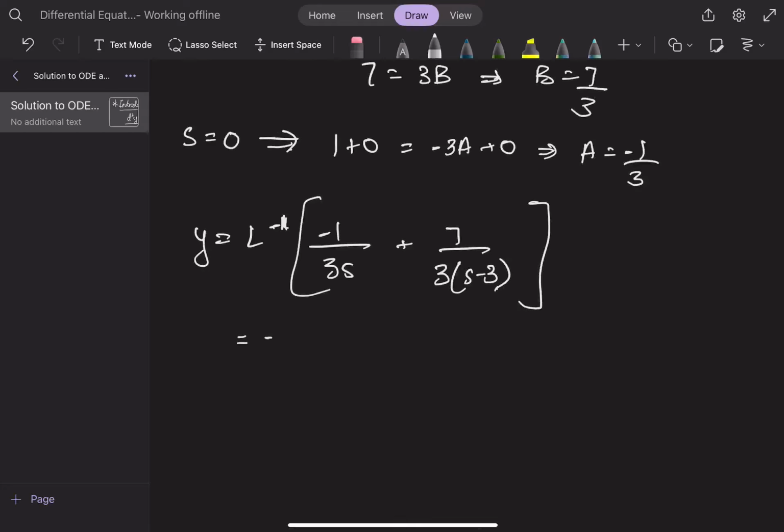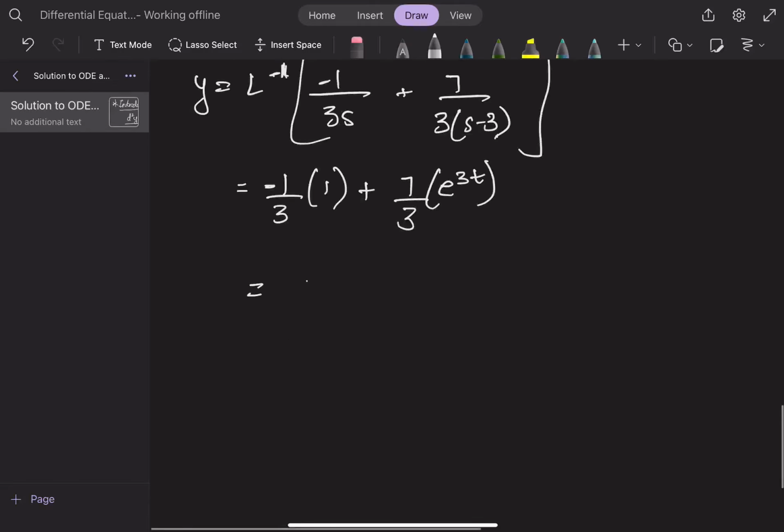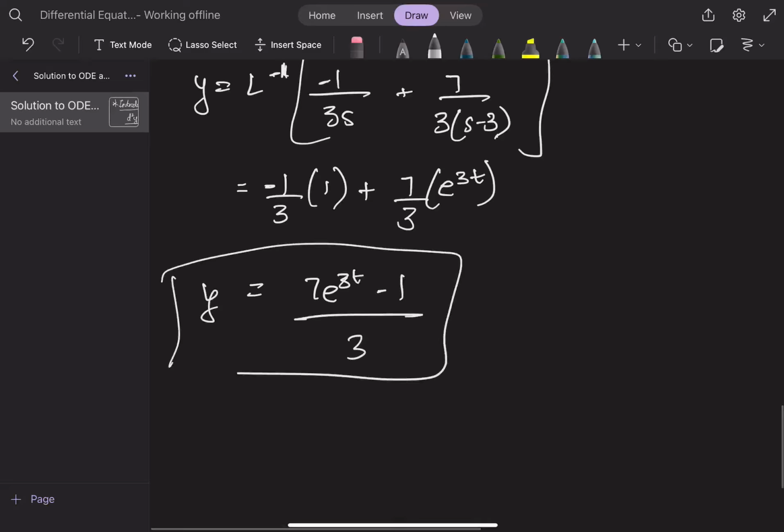So I can take minus 1 by 3 outside. Laplace inverse of 1 by s is 1, plus 7 by 3 outside, and Laplace inverse of 1 upon (s minus 3) is e raised to 3t. So you can write this as (7 e raised to 3t minus 1) divided by 3. This is the value of y.